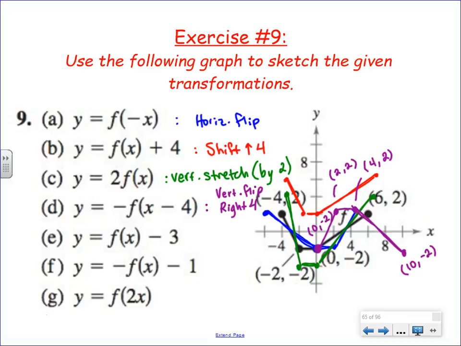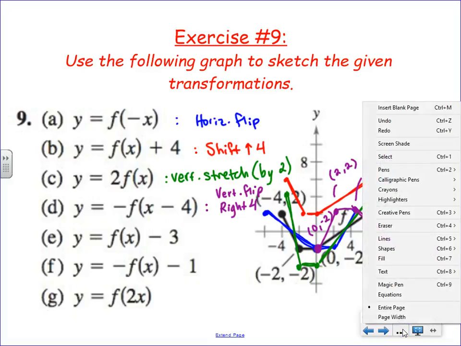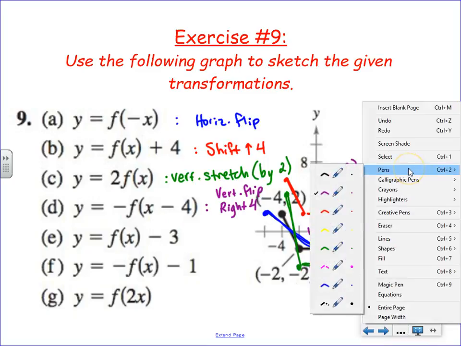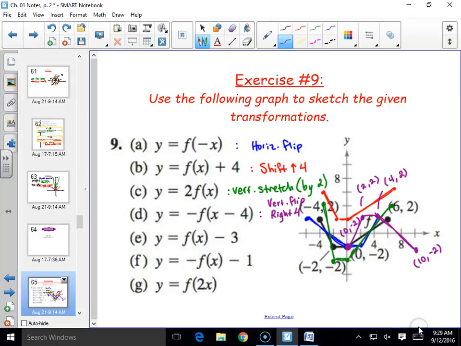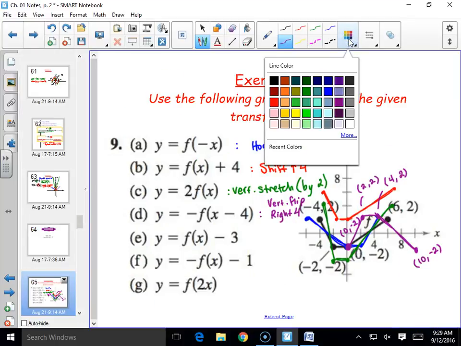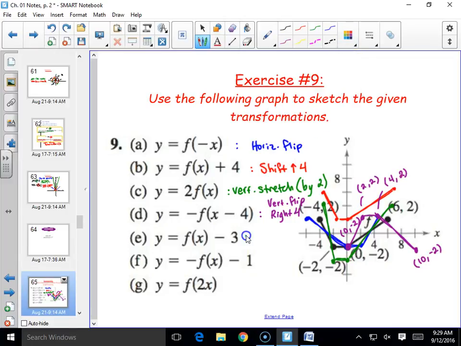All right. Stop. Now, kiddos, we're not going to do the last 3 graphs. It's probably going to be our warm-up tomorrow because we're running out of time. However, I need something. Can we verbally describe letter E? Vertical change, but how? You see a minus on the outside. So I'm going to go down 3.